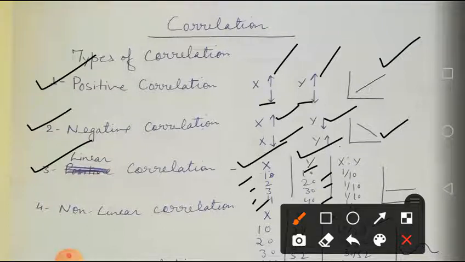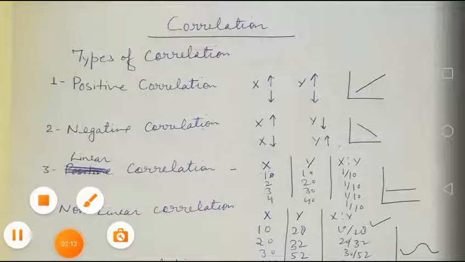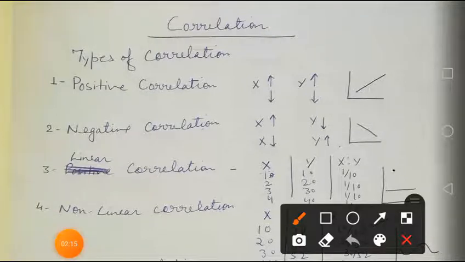When we take the ratio of x and y, we get 1 upon 10, 1 upon 10, 1 upon 10 and 1 upon 10. So this is showing the linear correlation. If we represent this type of correlation on a diagram, then we'll get a straight line. So this is your linear correlation.